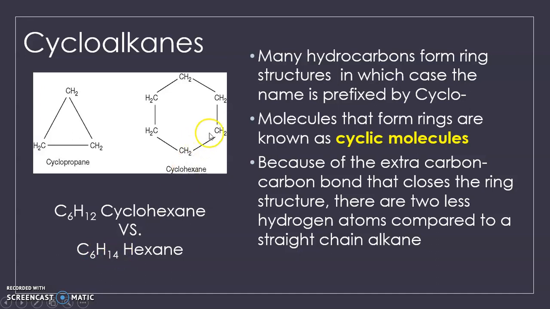But because you need that extra bond to close the ring, you have to lose 2 hydrogens, one on each of the carbons. Therefore, the general formula for a cycloalkane resembles that of the alkenes because they lose 2 extra hydrogens, although there are no double bonds. So it will be CnH2n. So cyclohexane is C6H12.